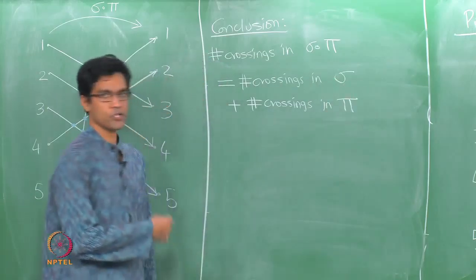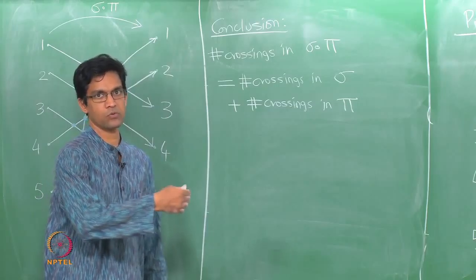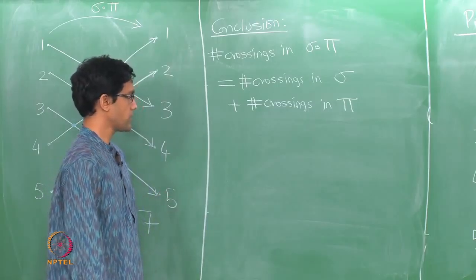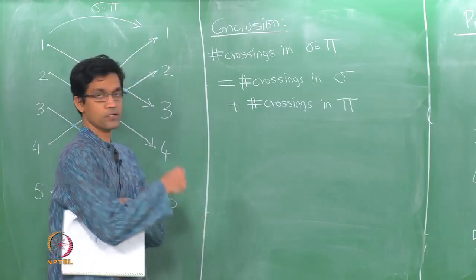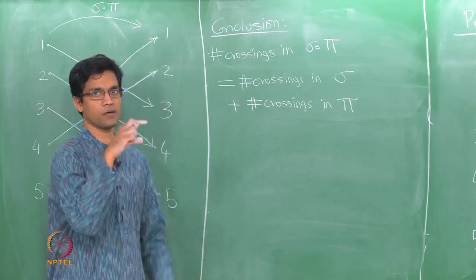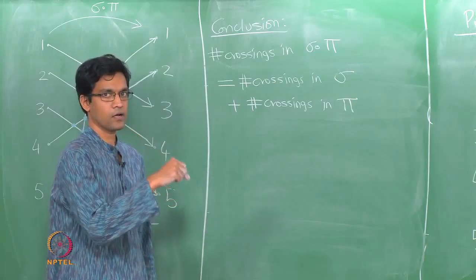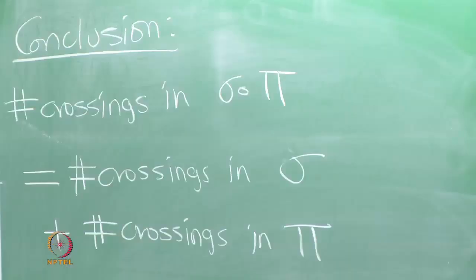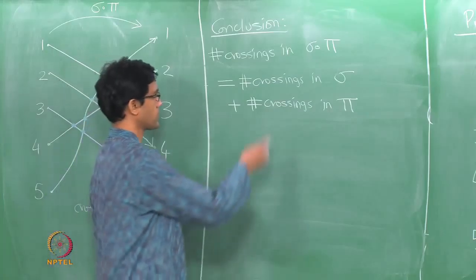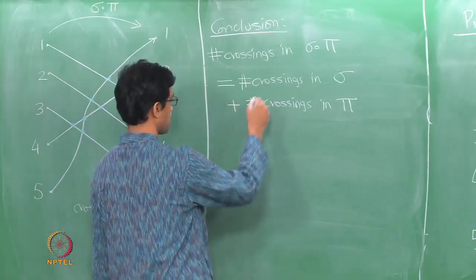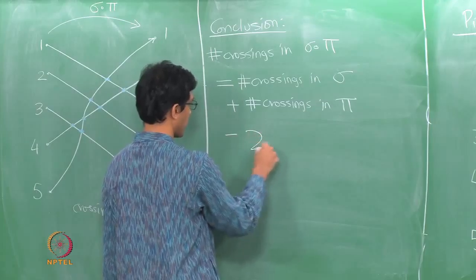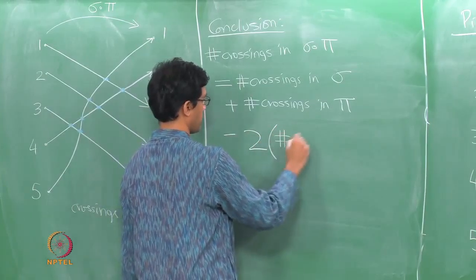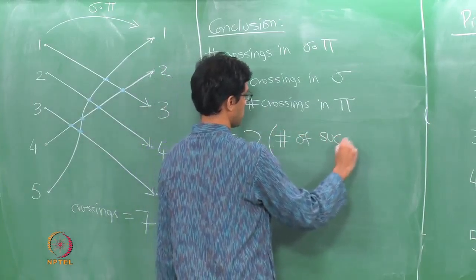So you add all the crossings in sigma to the number of crossings in pi, except when there are successive crossings. If there is a crossing in pi followed by a crossing in sigma, then as we saw in the end, those two sort of undo the effect of each other. At the end of the day, there isn't a crossing in the composition. So this plus this minus 2 times the number of what we will call successive crossings.